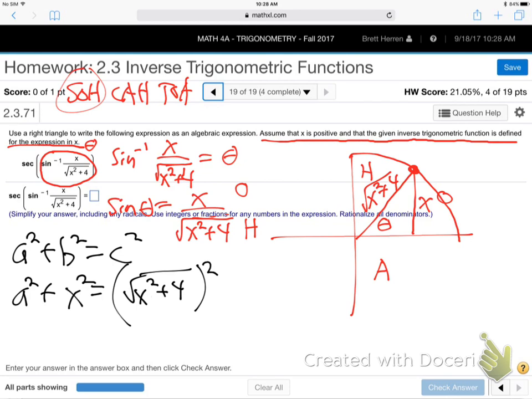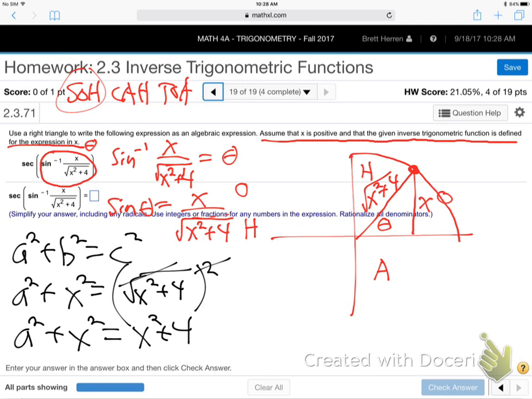Let me slow down there for a minute. So everybody see what's happening? The root and the square cancel each other. So you get a squared plus x squared is just x squared plus 4, no more root. The square tore off the root. Good to there.